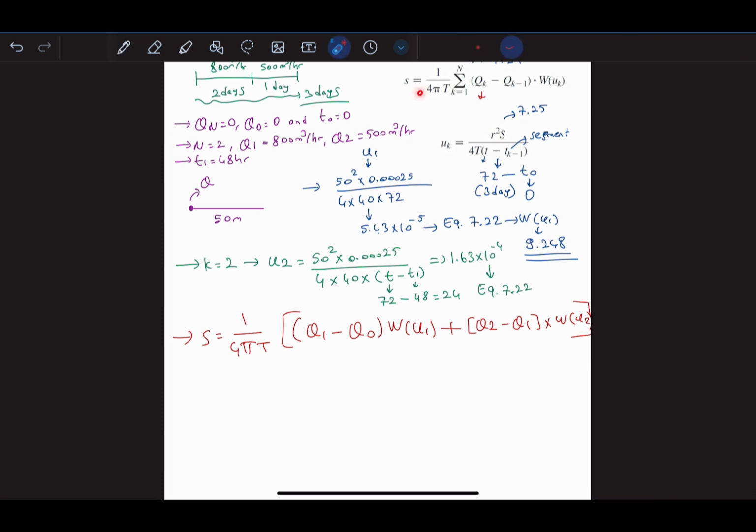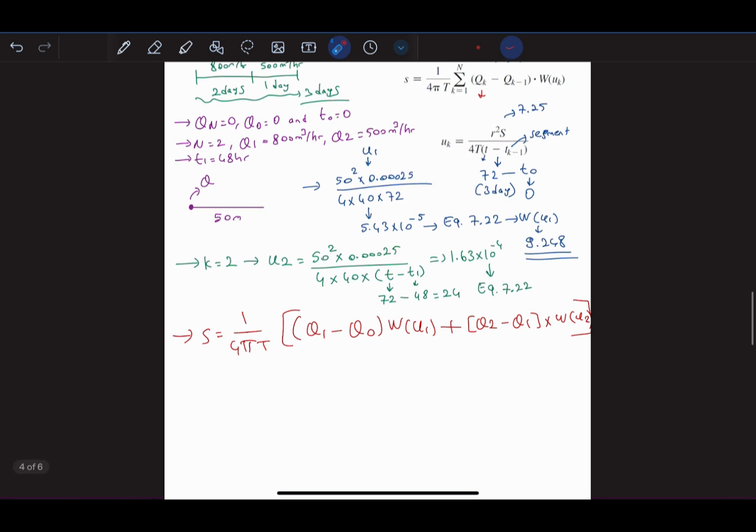Basically we have this outside of the parenthesis, and we are going to write this equation for both of these segments. So for the first segment, which takes 2 days, we have Q1 minus Q0 times the well function for U1 plus Q2 minus Q1 times the well function for U2.